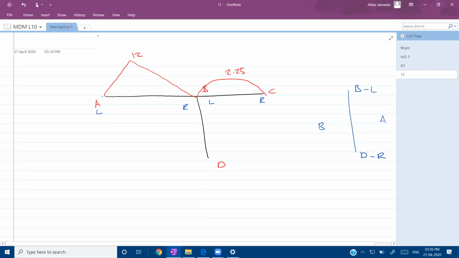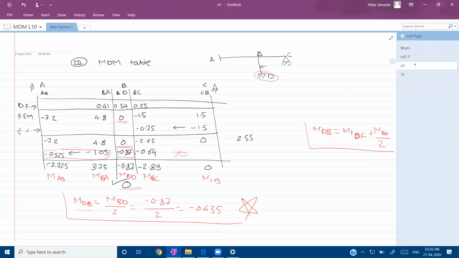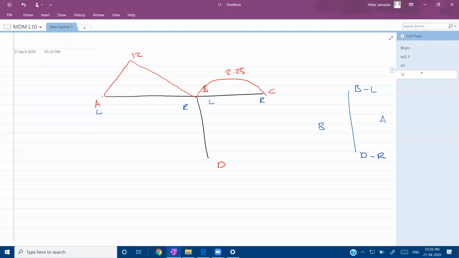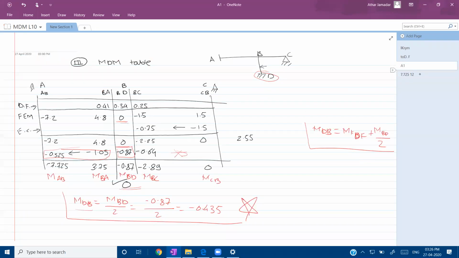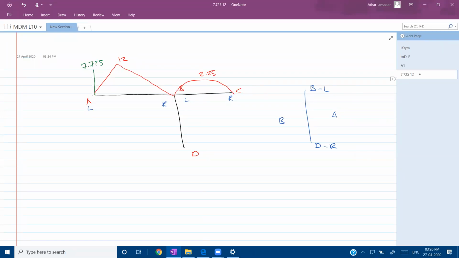Now next, MAB is minus 7.725. So left support negative moment above the baseline, 7.725. And MFBA, right support positive moment above the baseline, 3.75.